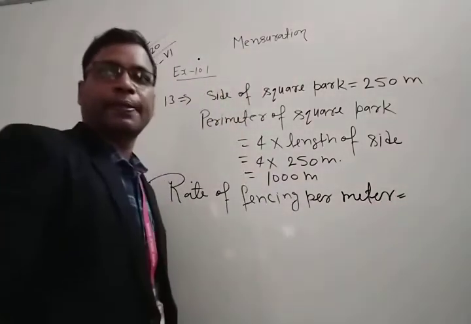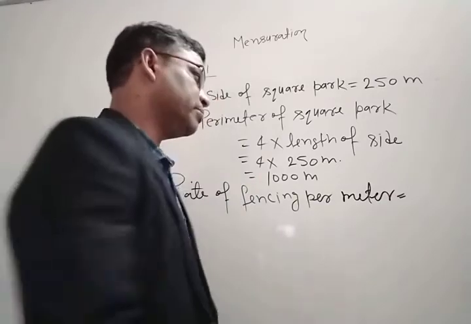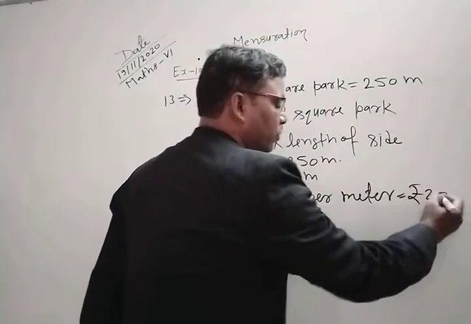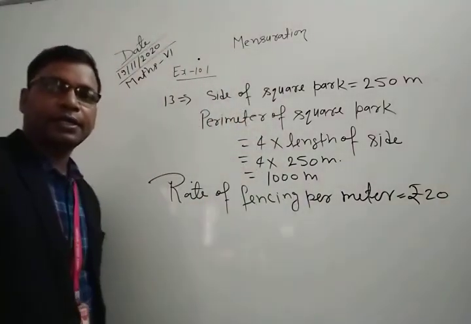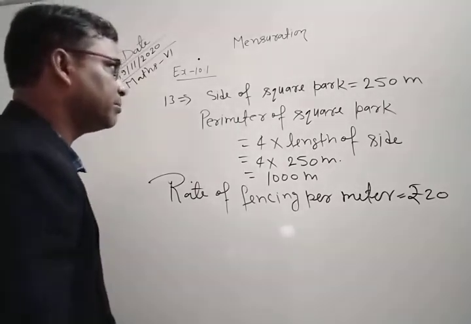This is equal to what? Given that the rate of fencing is 20 rupees per meter. Okay. So this is rupees 20. Clear? Now you need to find the cost of fencing of the square park.